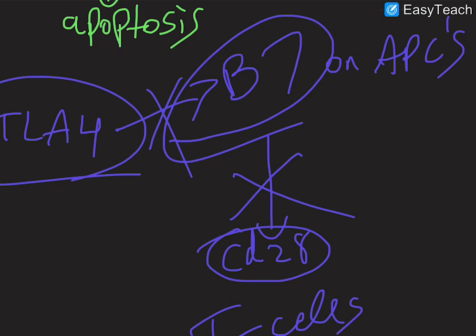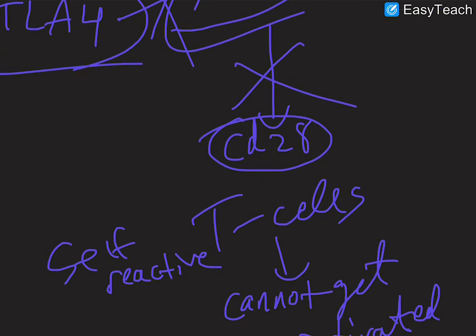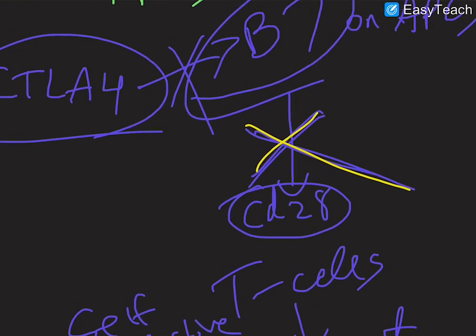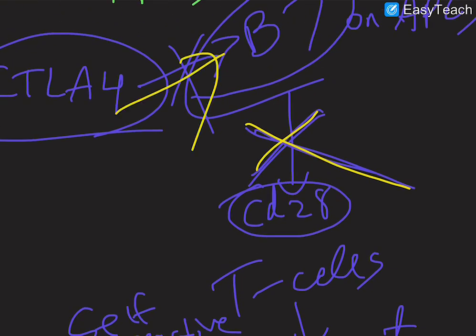So CTLA4 binds to B7 with a greater affinity as compared to CD28 binding to B7. This leads to no interaction between B7 and CD28 because CD28 can't bind now to B7, because CTLA4 is the one binding to B7.